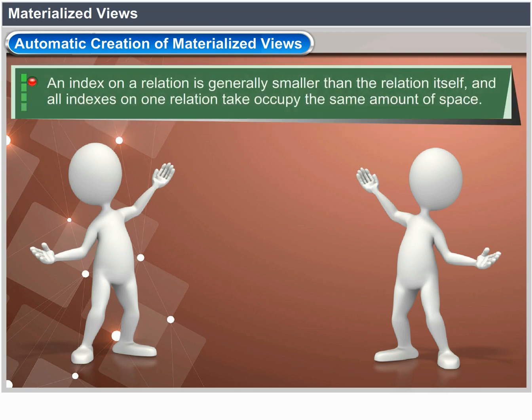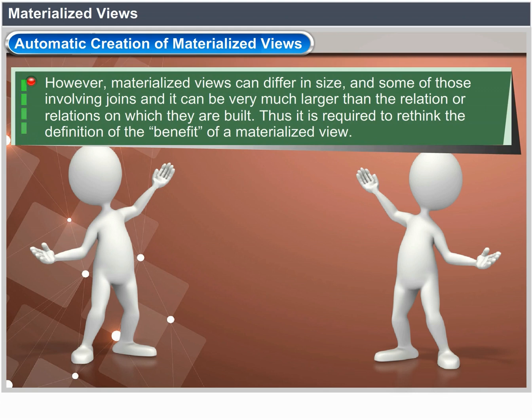An index on a relation is generally smaller than the relation itself, and all the indexes on one relation take roughly the same amount of space. However, materialized views can vary radically in size, and those involving joins can be very much larger than the relation or relations on which they are built.